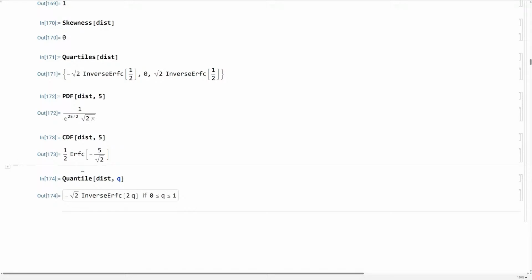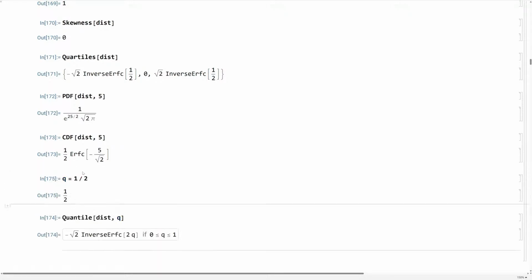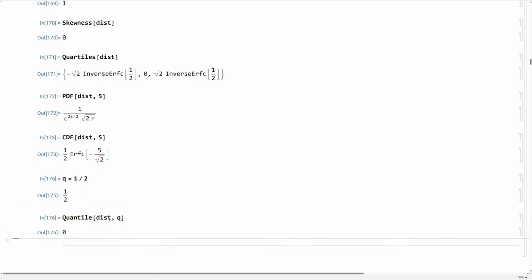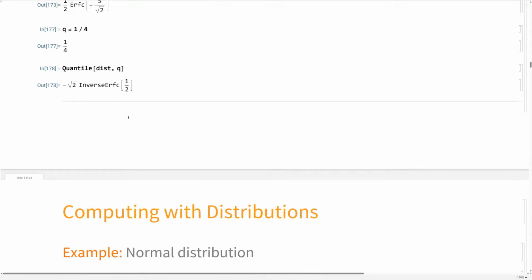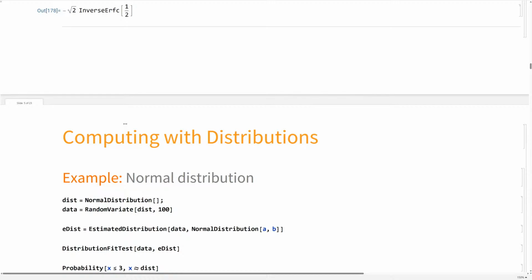If we assign a value to Q, let's just say 1/4 to make it easier, we can see the quartile of this normal distribution. It will be the same as here: this is the quarter, this is the half, and this is 3/4. So that's just some basic properties about distributions.